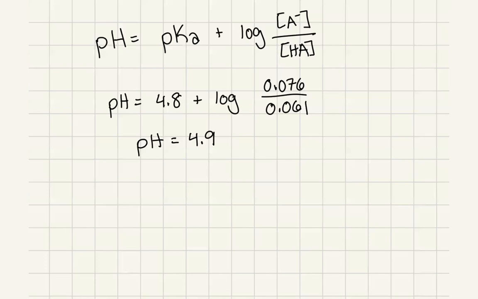And so that's why we had to use the Henderson-Hasselbalch in the first place to get those initial concentrations. And once we knew the initial concentrations, then we could figure out the final concentrations and plug those in to get our final pH, which is 4.9. So we've gone down 0.1 in pH. But remember that this is a small change compared to what it would be if we didn't have any buffering capacity to begin with.